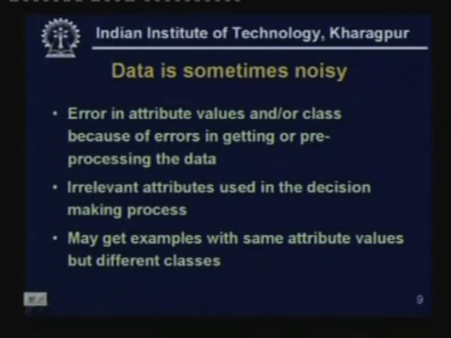And because of the presence of irrelevant attributes, or because of error in measurement, we may get two examples which have exactly the same values of all the attributes, but they belong to different classes.